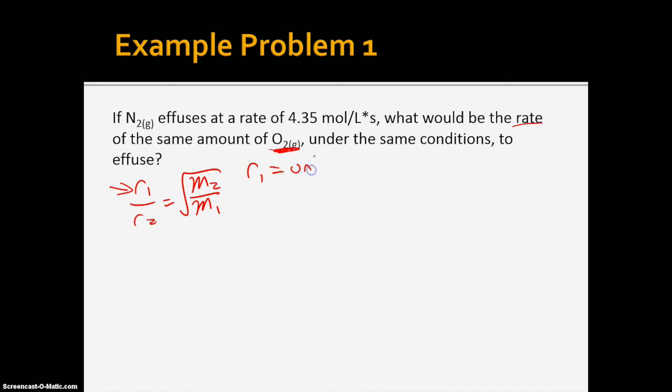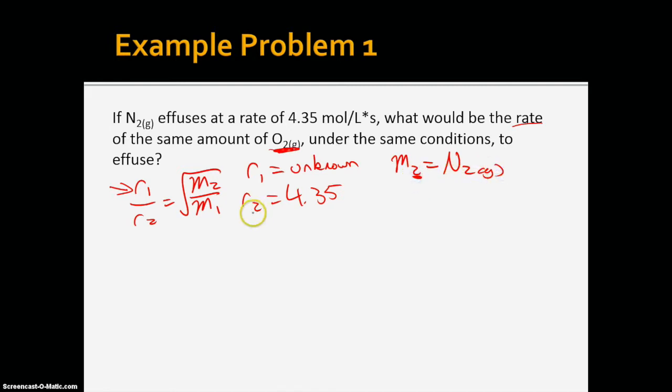R1 would be your unknown, the oxygen gas rate. R2 is 4.35, and that's the nitrogen gas rate. M2 is the nitrogen gas molar mass.